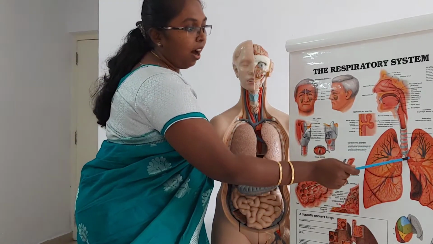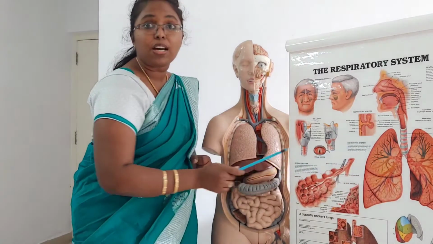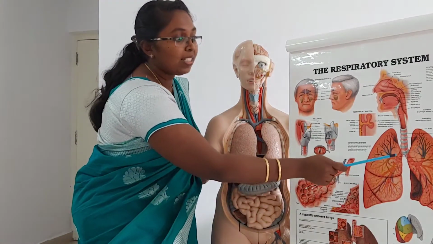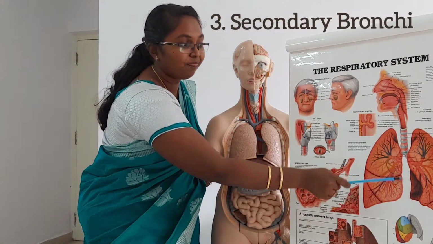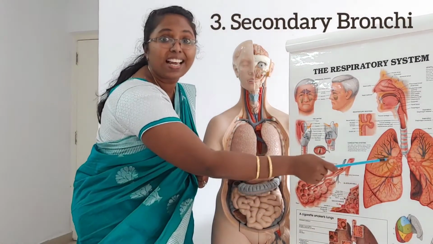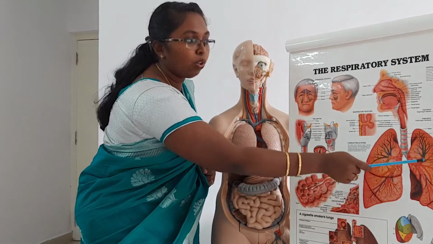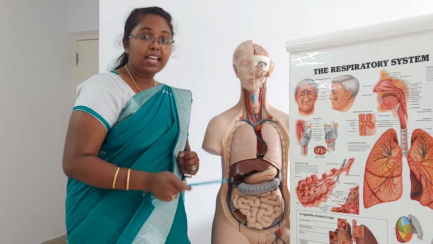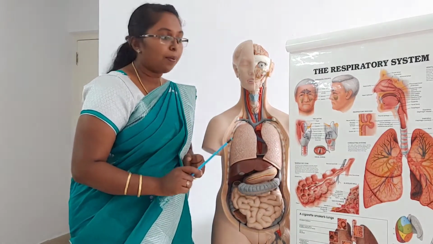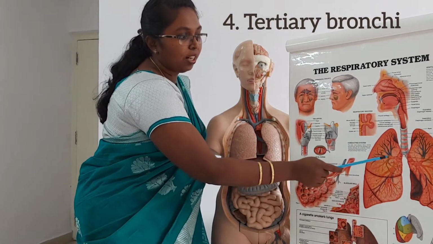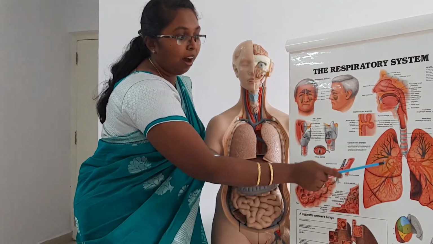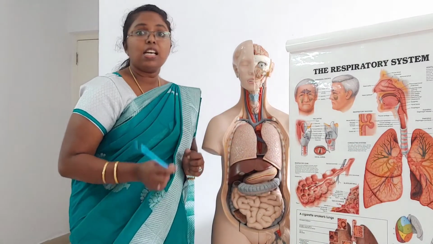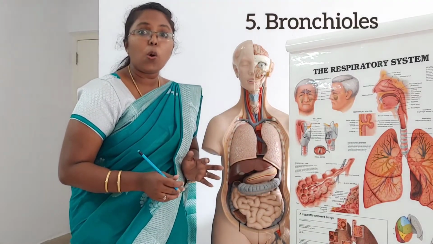After branching into the left and right primary bronchi, these are again divided into secondary bronchi, on both sides. Then they are divided into tertiary bronchi, and then into bronchioles.